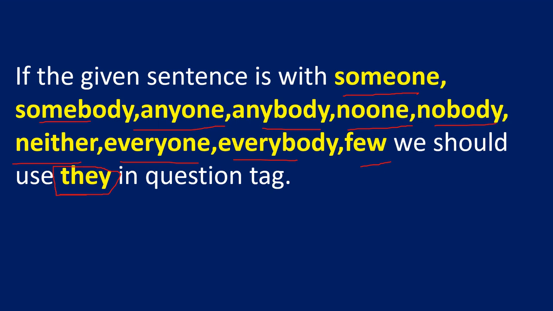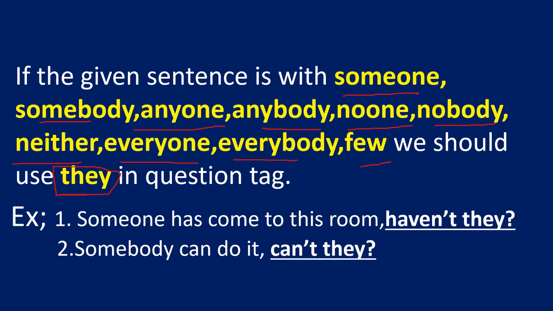Let's see the examples. Someone has come to this room. Here the subject in the sentence is someone, so we should write the subject pronoun as they. Okay, next one. What's the answer here? Haven't they? Actually here the auxiliary verb is has, so there should be has, but we should use have with they.